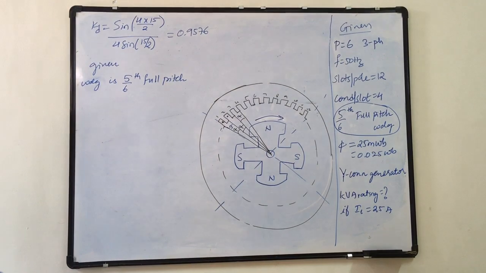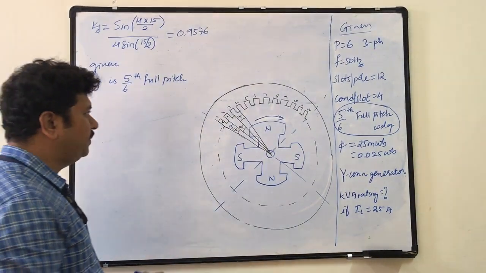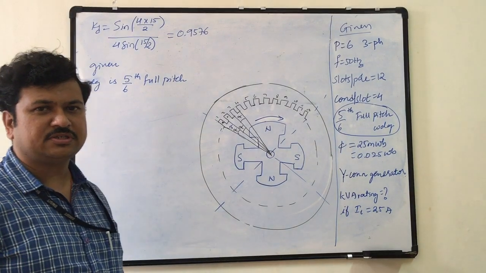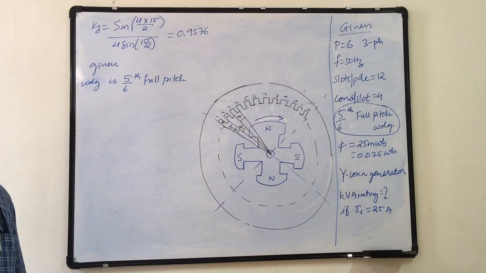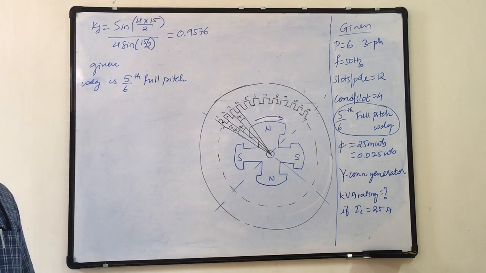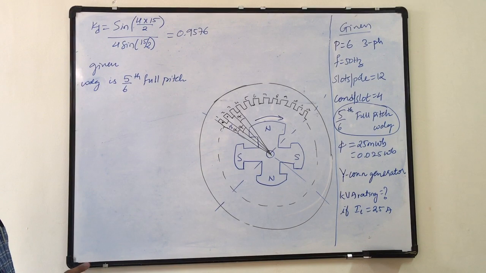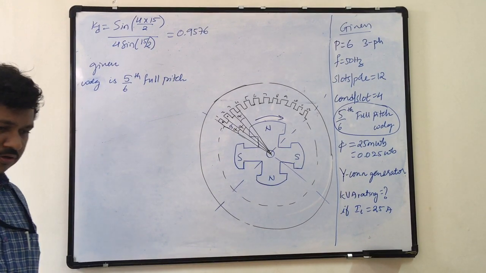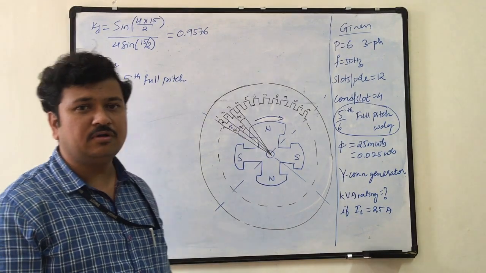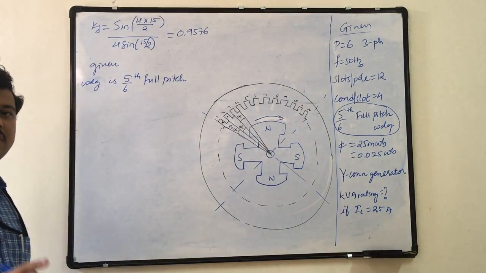What is full pitch? Full pitch is 180 degrees, one complete pole pitch. If the coil span is 180 degrees, equal to one pole pitch, that is called a full pitch coil or full pitch winding. Now it is 5/6 full pitch, and 5/6 is less than 1. So the coil span is not equal to full pitch, it is less than full pitch. It means that it is a short pitch coil.